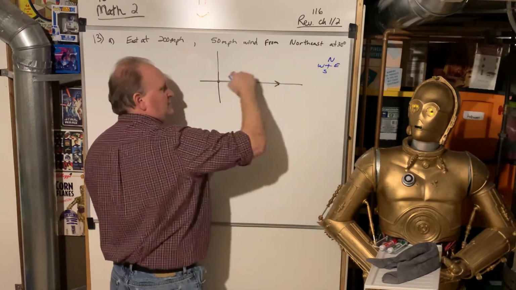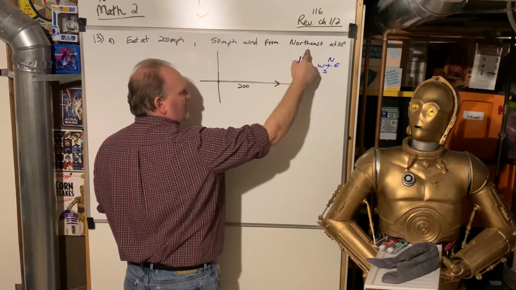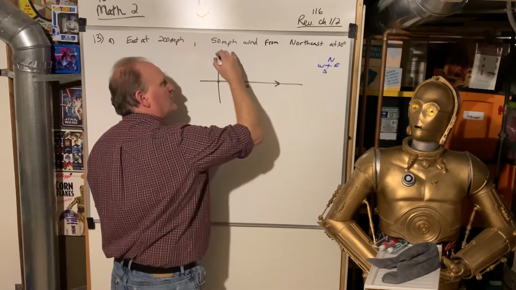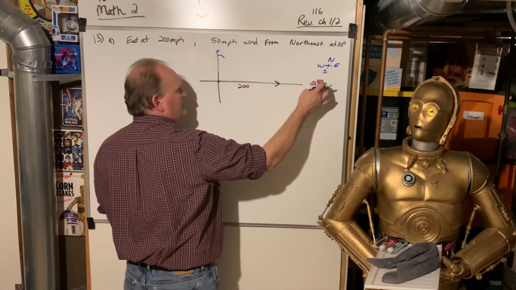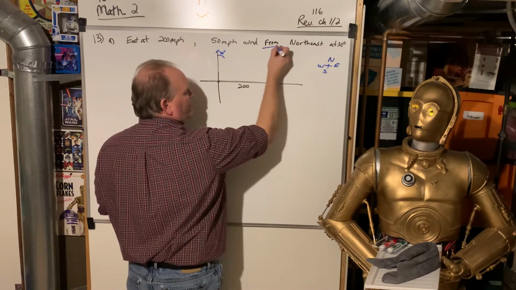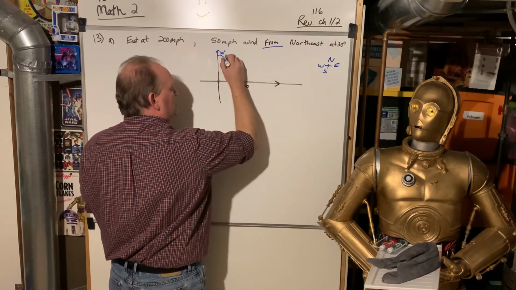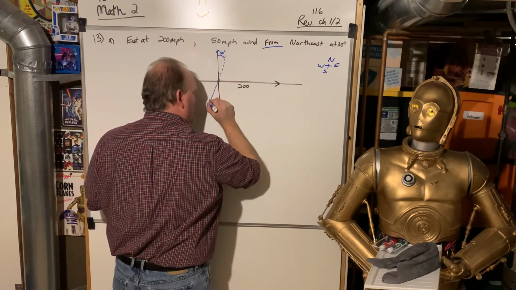So northeast puts it in the first quadrant. So this is basically saying 30 degrees off of the first quadrant, but they go 30 degrees from due north on the compass. So they put the 30 degrees there. And since it's coming from that, we actually don't have any wind until it's coming from that direction.